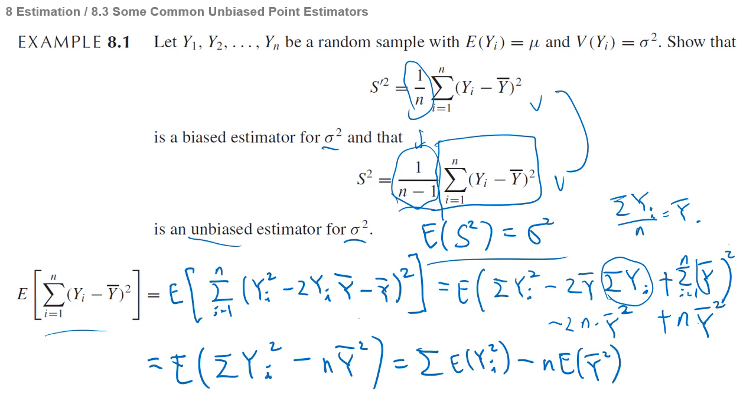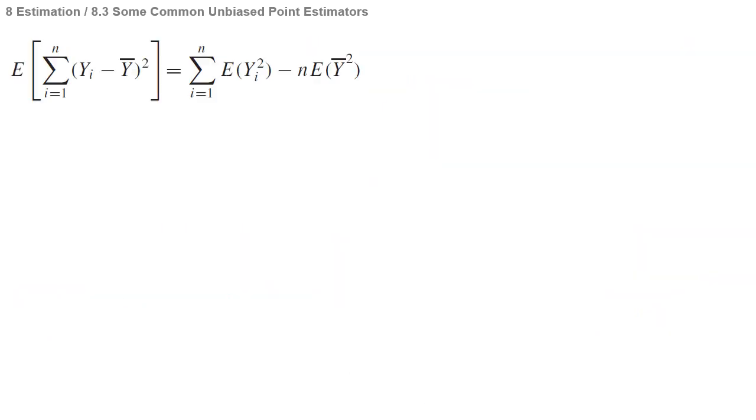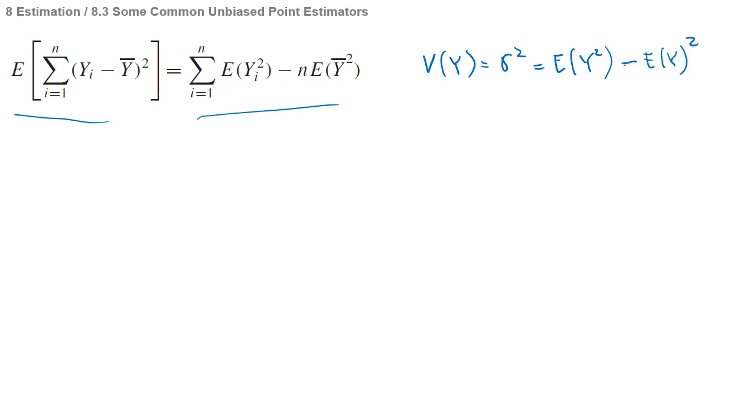Okay, so let's try to solve this. Before we move on, what we know is that variance of y is sigma square, and this is expected value of y square minus the square of expected value of y, which is mu.